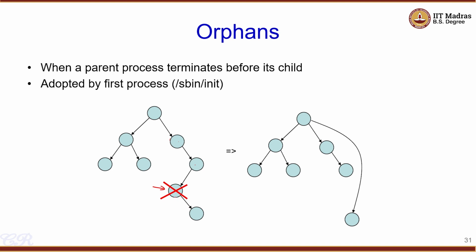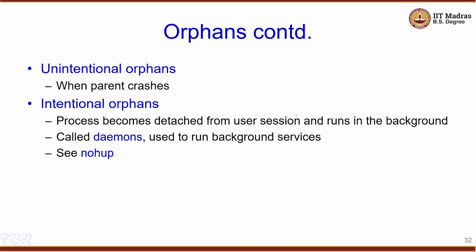Typically, your init process, which has the PID 1 and is the first process that gets executed, would adopt the newly created orphan process, and thus the parent of this orphan process is the init process. There are two ways by which orphans are created.